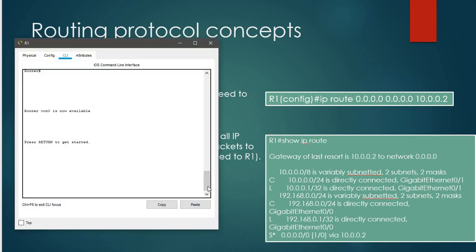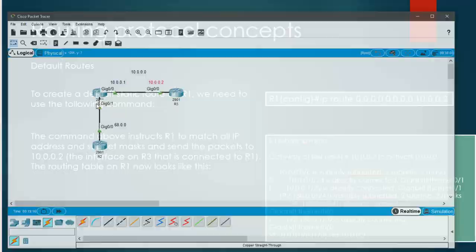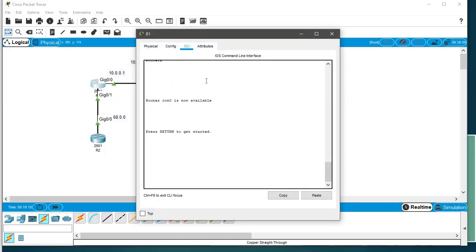To do so, we have to enter Router 1 and configure it. Here we are not in the global configuration mode.